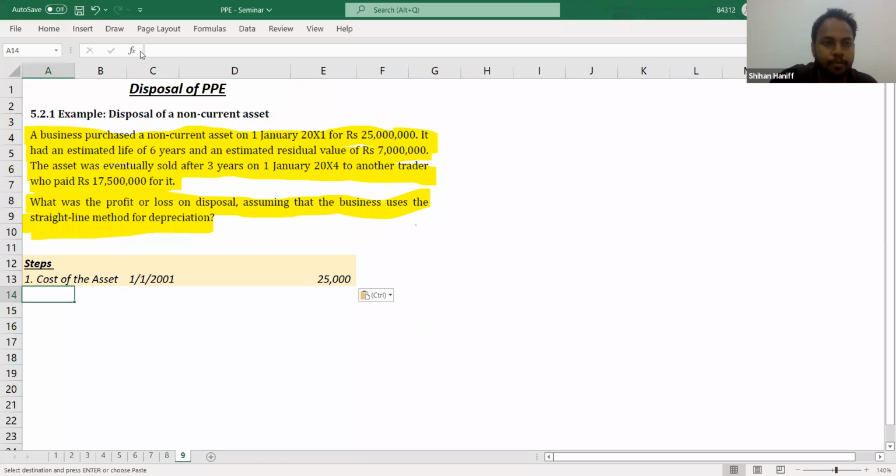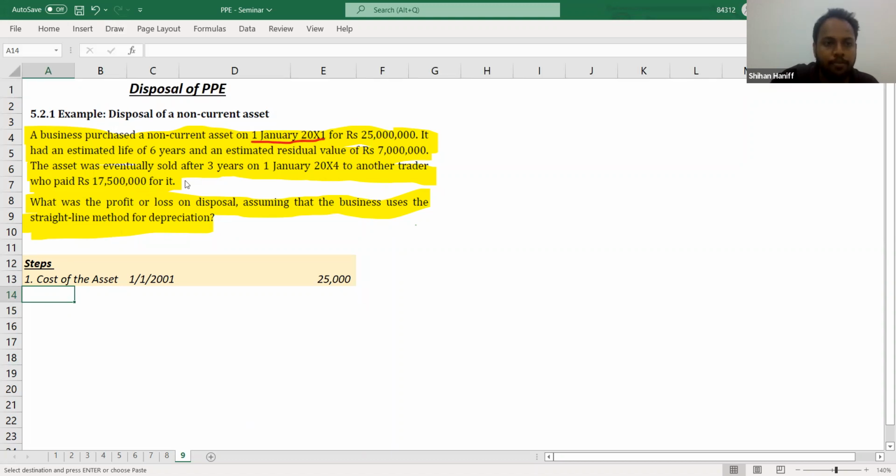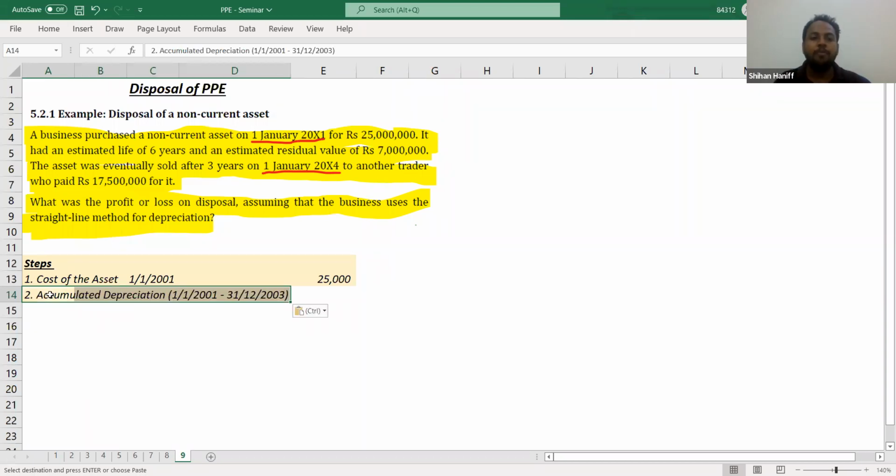Then depreciation. It was purchased on 1st of January 2001, and sold after 3 years on 1st of January 2004. So the second step is we need to find out the total depreciation for 3 years. That means accumulated depreciation from the purchase date to the disposal date.